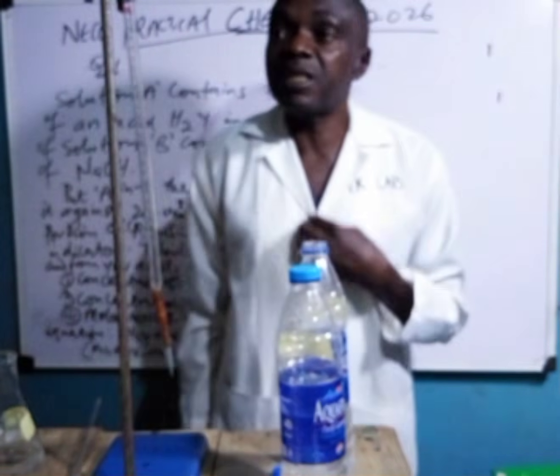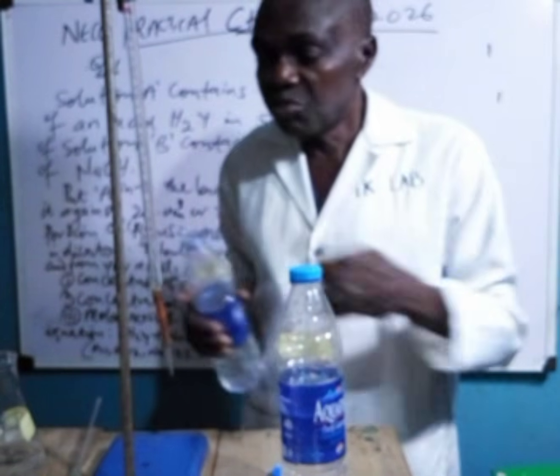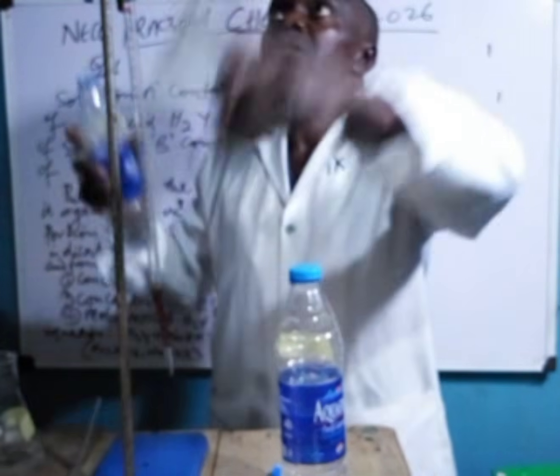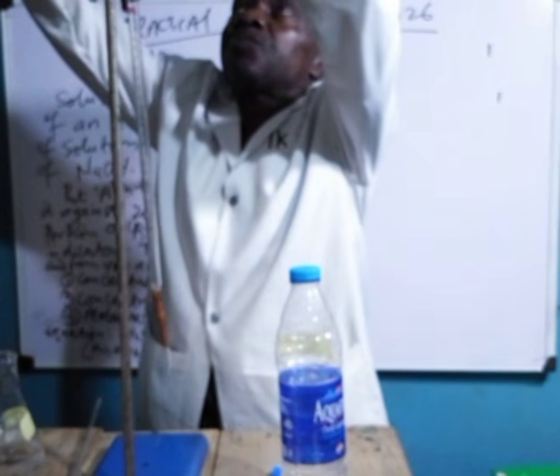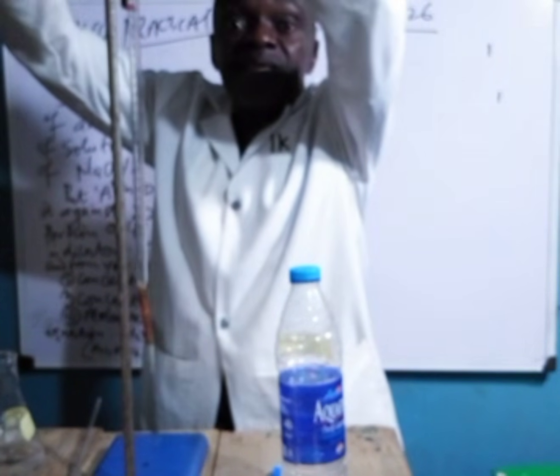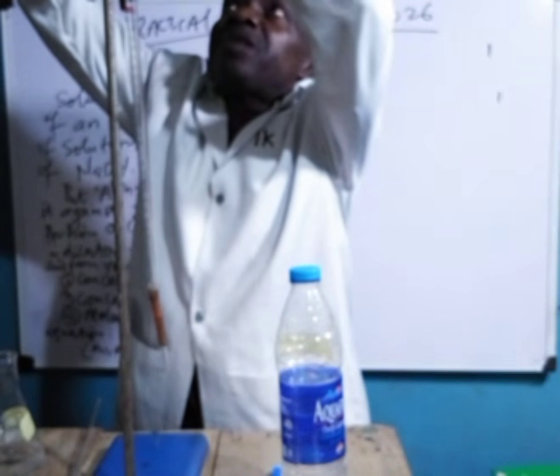So we start first of all by carrying out a simple titration. This is what you are going to do. This is the acid. Remember, you have to add acid into the burette. It has been rinsed with the acid and everything is intact to minimize time.